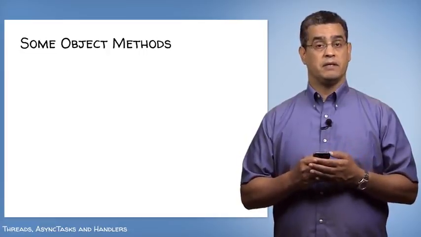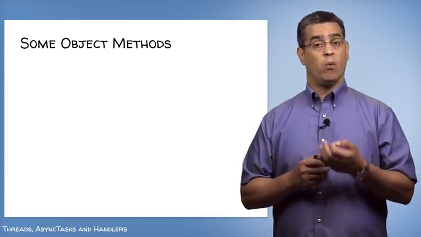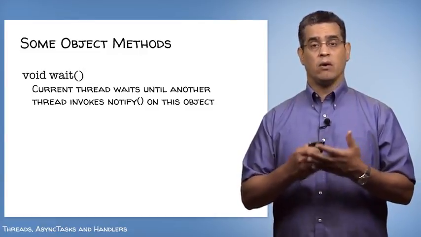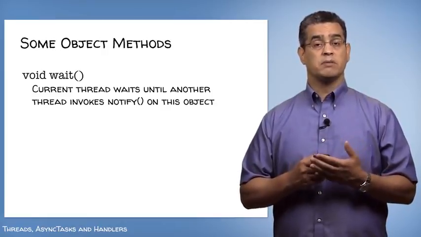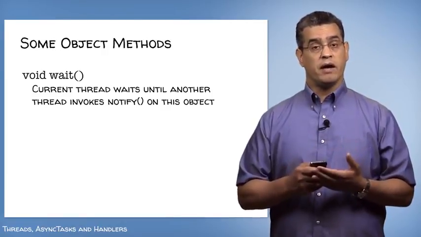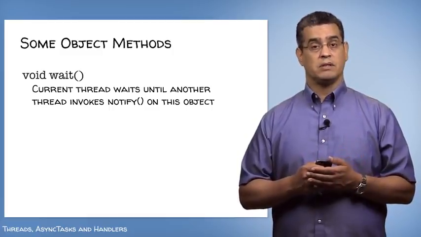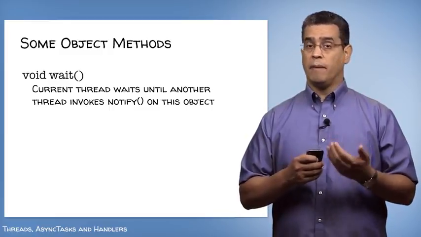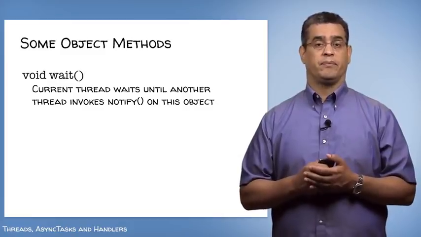Some object methods that you may need when you're using threads include the wait method, which allows the current thread to give up a lock that it holds and to wait until another thread invokes a corresponding method such as notify or notifyAll. And when this happens, the waiting thread can reacquire the lock that it gave up when it called wait and can continue executing.